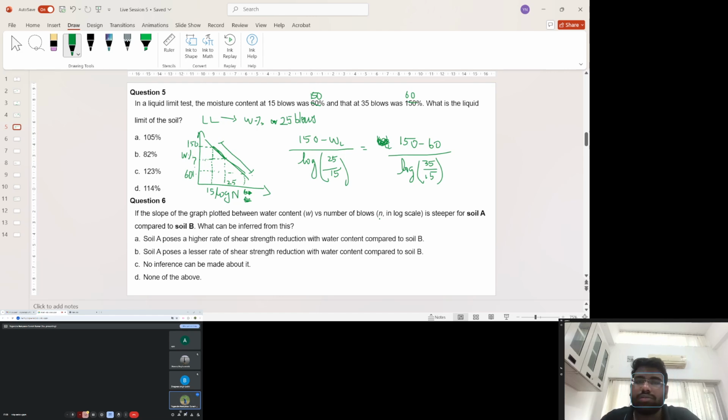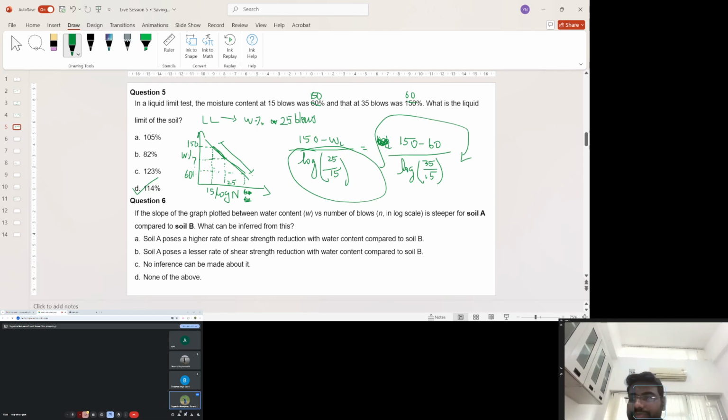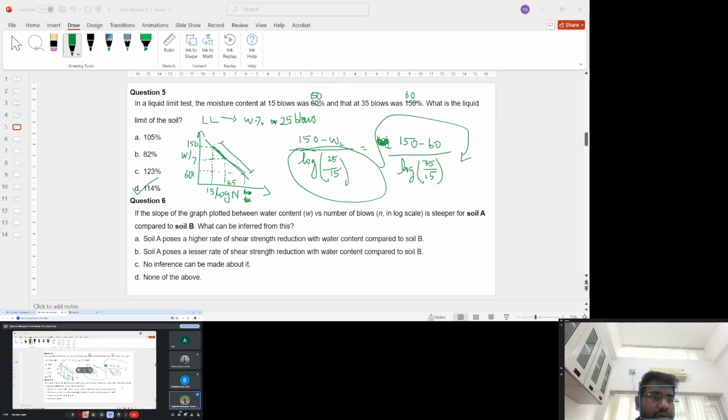So it will be around 114%. You can calculate it: take this entirely to this side, and you will get a fraction, and you can multiply it and eventually subtract it from 150. So the answer will be 114. You can just make a change in this. There has been a typing error, so please excuse me. Others, are you getting this? Or are you finding any difficulties?